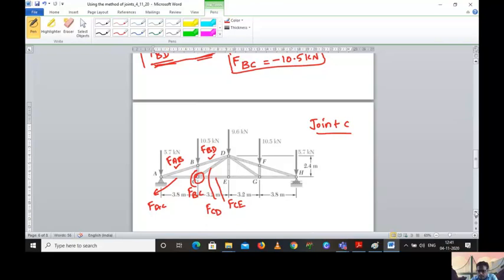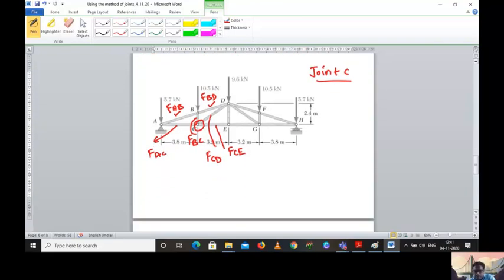Now, considering the joint C, I am going to draw the free body diagram with respect to point C. You can see here, this is the point C. You have force CE, another vertical force FCB, another force FCD, and another force on the left, FCA.